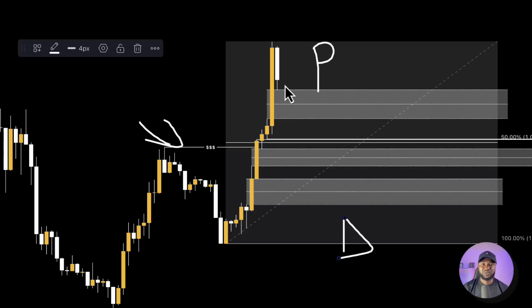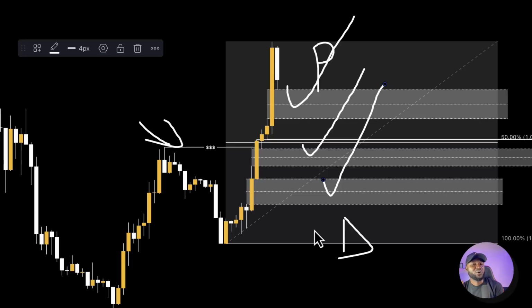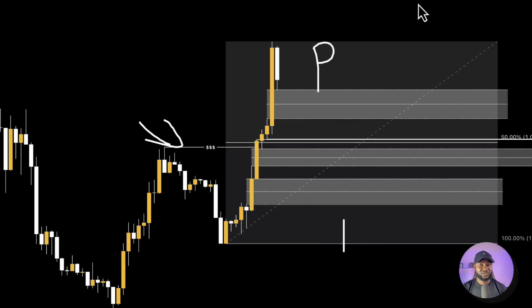So if price comes here, am I going to buy? No. If price comes here, am I going to buy? No. Extremely low becomes the best point. When price is completely done with all the inefficiencies, now you can have rest of mind to buy. It's not like you're doing something outside knowledge.